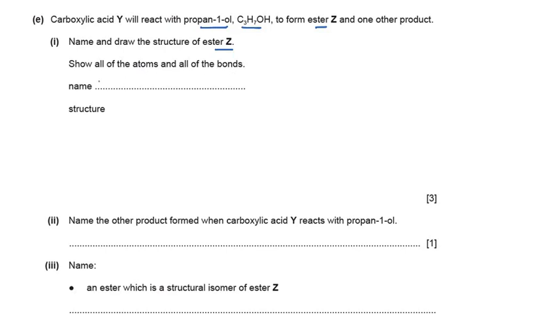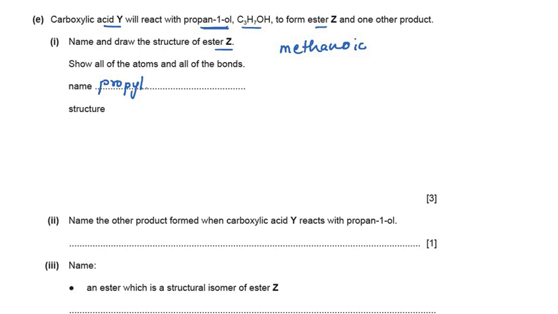We know that the carboxylic acid Y is methanoic acid, and the alcohol used is propanol. So while naming, we should always understand that the alcohol part is named first, which is written as propyl. So yl is added. So propanol is written as propyl in the name of the ester first, and then add the name of the acid part.